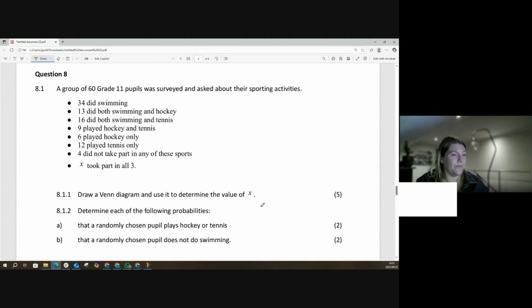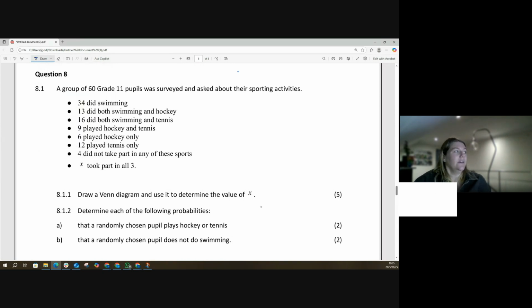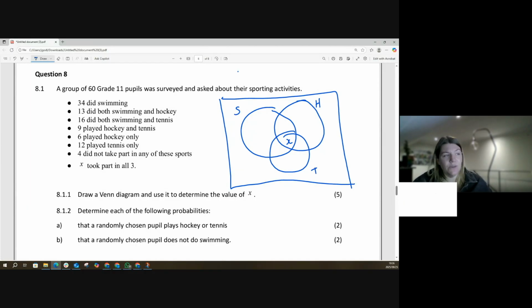All right. Last question for the evening. Going to draw yourself a nice little Venn diagram. So it's good practice of what we've just done. You've got 60 grade 11 pupils. You have swimming, hockey, and tennis. So you're going to have 3 circles. Swimming, hockey, tennis. And X took part in all 3.